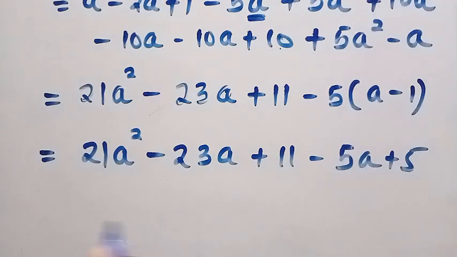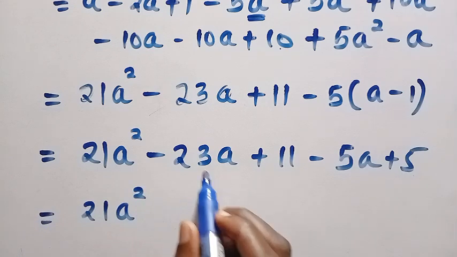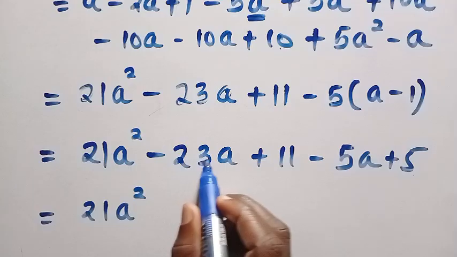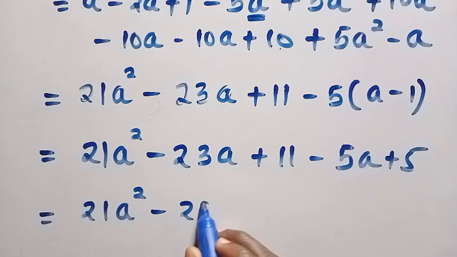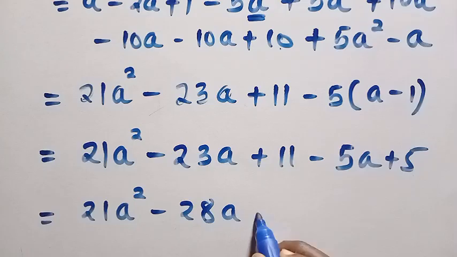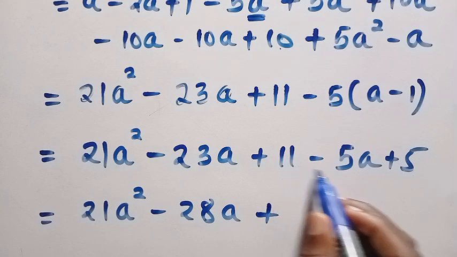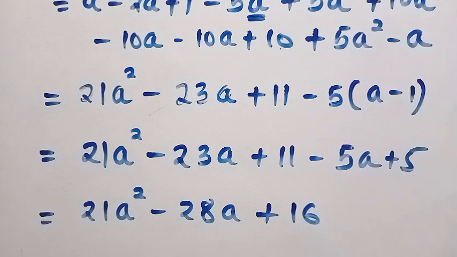Then after getting this, we have this as 21a raised to power 2. Then here we have minus 23a minus 5a. This gives us minus 28a. Then plus 11 plus 5, that gives us 16. So this is the result of a raised to power of 16.